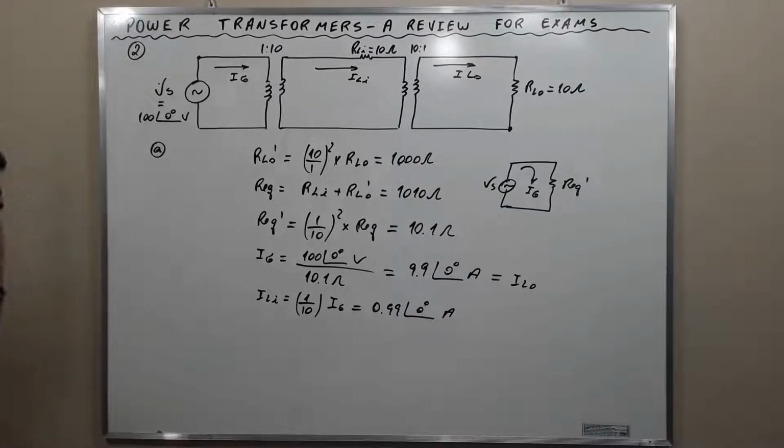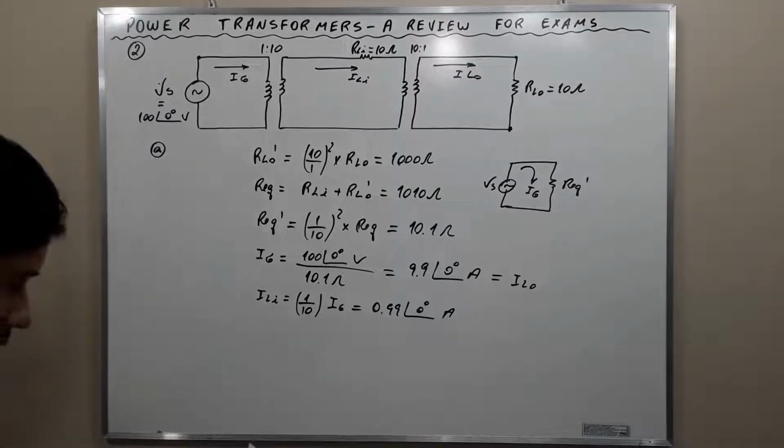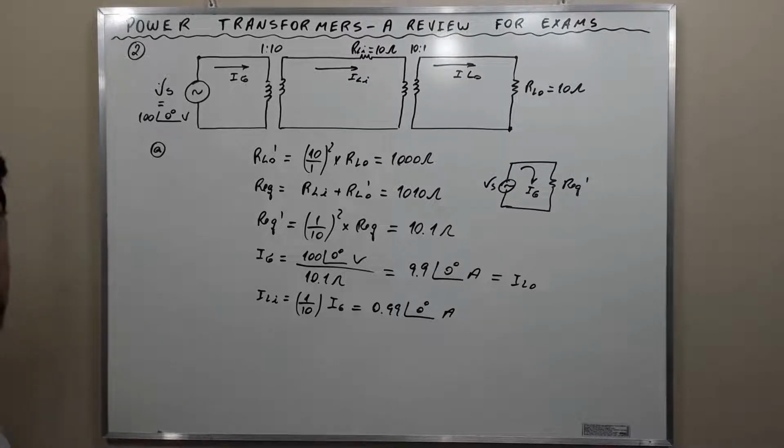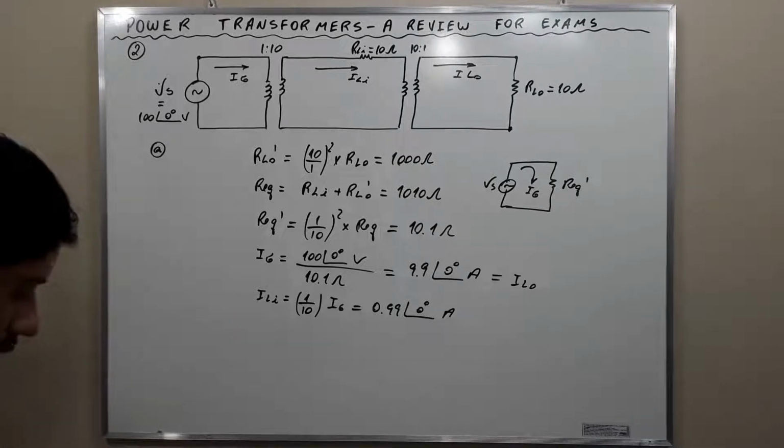We have calculated everything now. With these values, we can calculate the main question of this exercise: we want to evaluate the level of losses with and without transformers. With the line current, we can calculate the power loss in transmission.